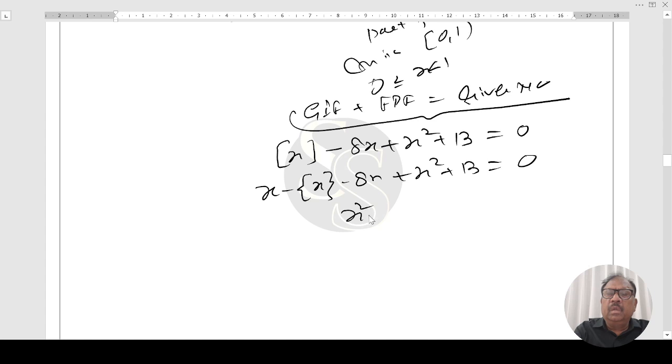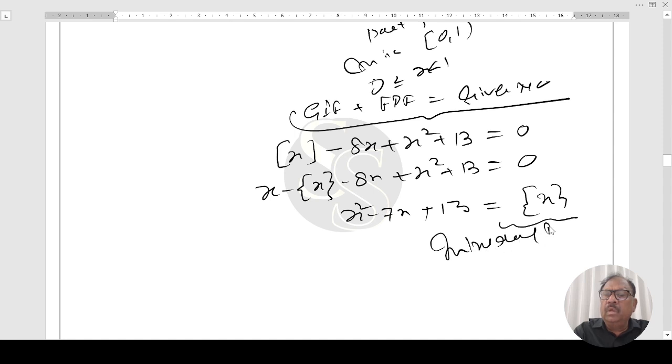So x square minus 7x plus 13 equals the fractional part function. Now introducing the inequality, that is the fractional part belongs to 0 closed, 1 open in this case. Okay?